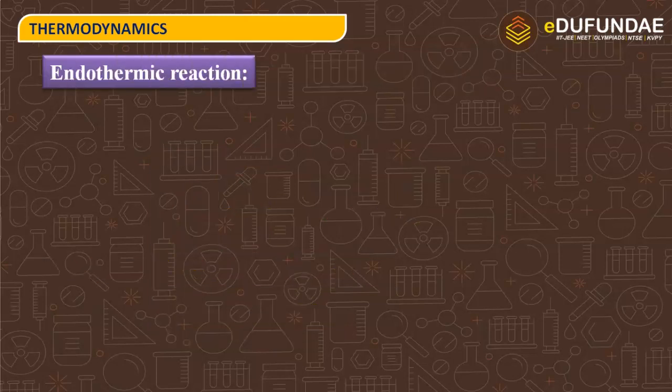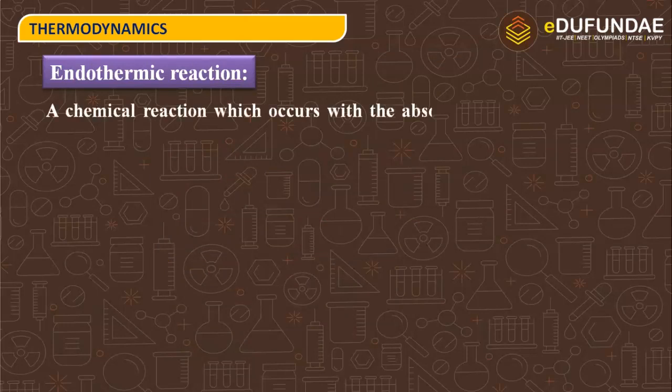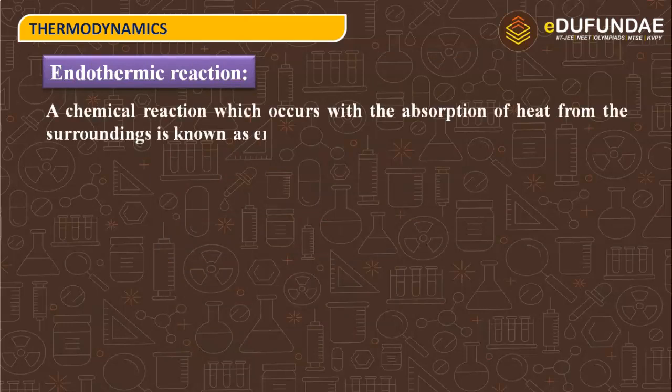Next type of reaction is endothermic reaction. What is endothermic reaction? Just as exothermic reactions release energy, in endothermic reactions there is absorption of energy. So here is the definition: a chemical reaction which occurs with the absorption of heat from the surroundings is known as endothermic reaction or endoergic reaction.